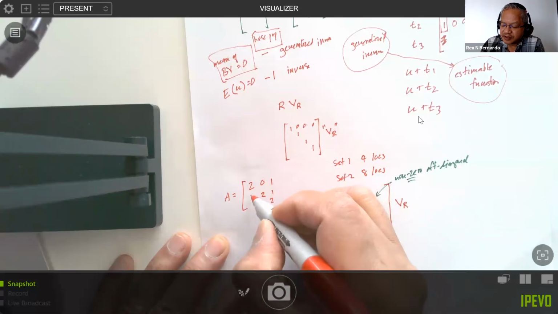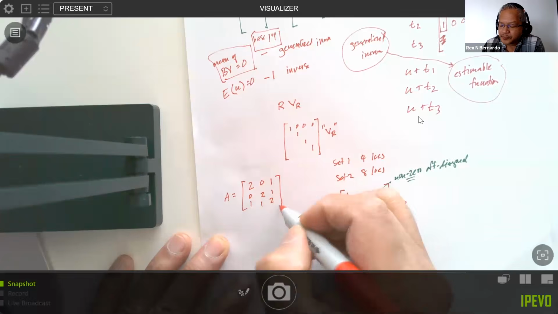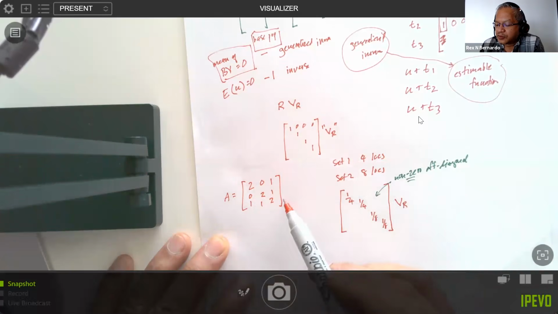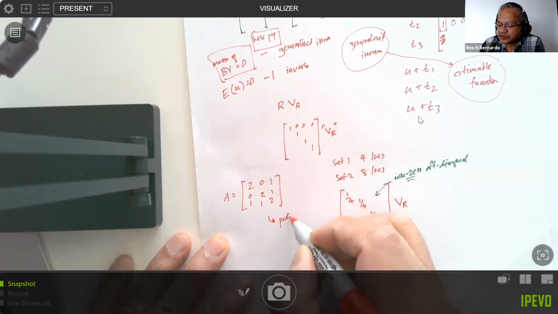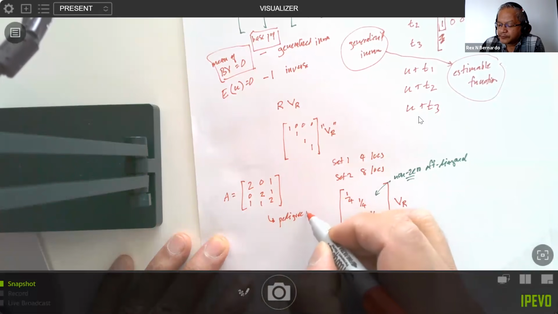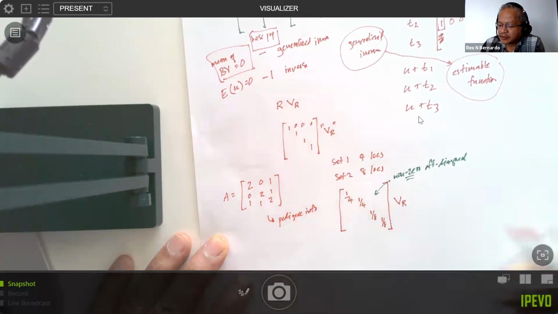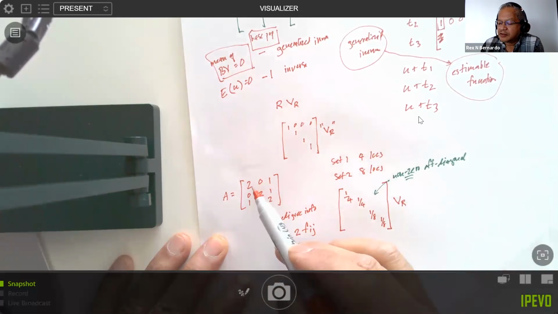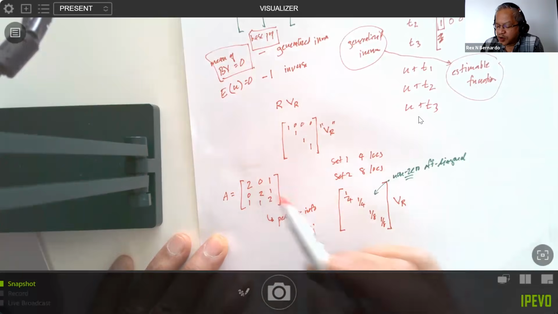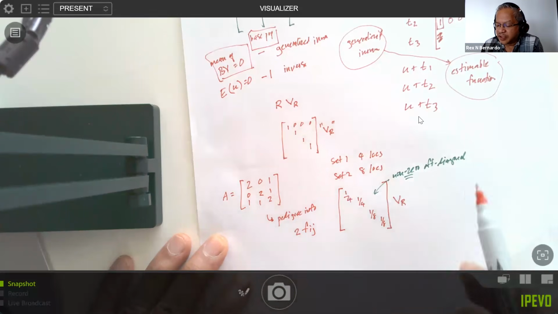I think this was our A matrix, and it uses pedigree information. The elements we said are equal to twice the coefficient of co-ancestry among the individuals. So each one is inbred, with a coefficient of co-ancestry of 1. That's why you have 2 in the diagonals.